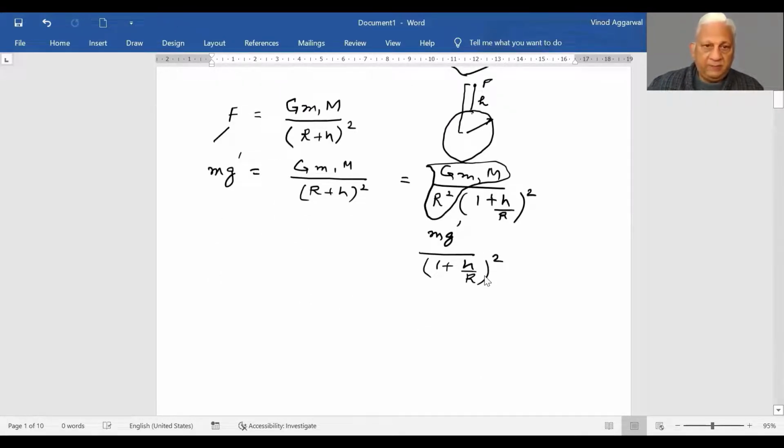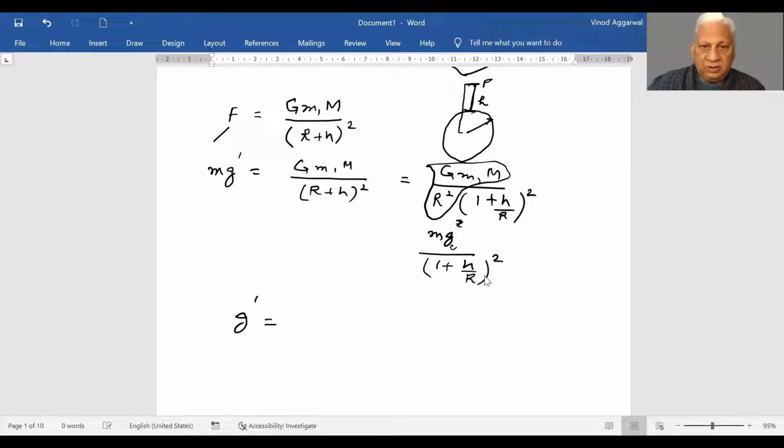So what it means is g at a point which is at a distance of h from the surface of Earth is given as, sorry, this was not g dash.